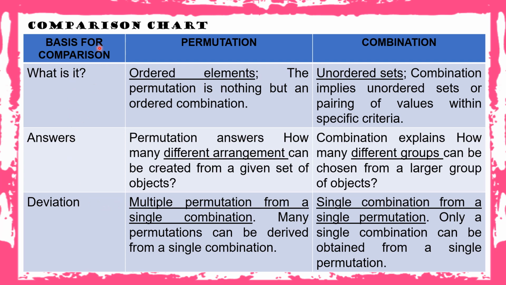Basis for comparison, derivation. In permutation, multiple permutations from a single combination. Many permutations can be derived from a single combination. While in combination, single combination from a single permutation. Only a single combination can be obtained from a single permutation.